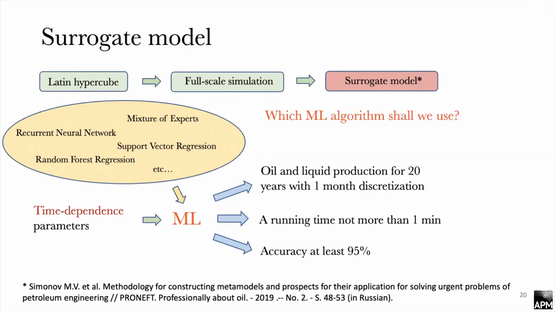So it's a very challenging problem, and having the reduced number of parameters, we need to decide which machine learning algorithm to use for this problem, and this wasn't solved yet. So I hope we will solve it and put everything together to finalize this scheme and to build the surrogate model that will work quite fast and quite accurately.